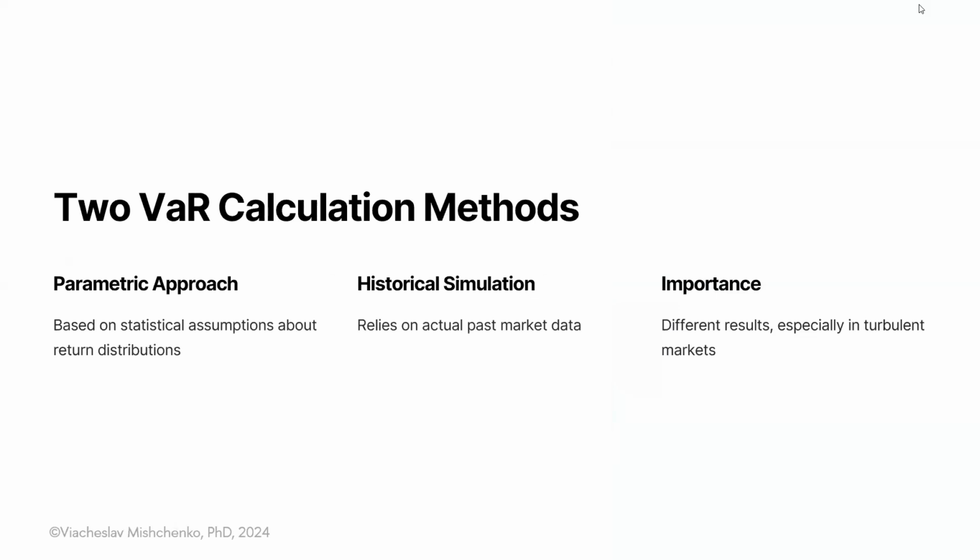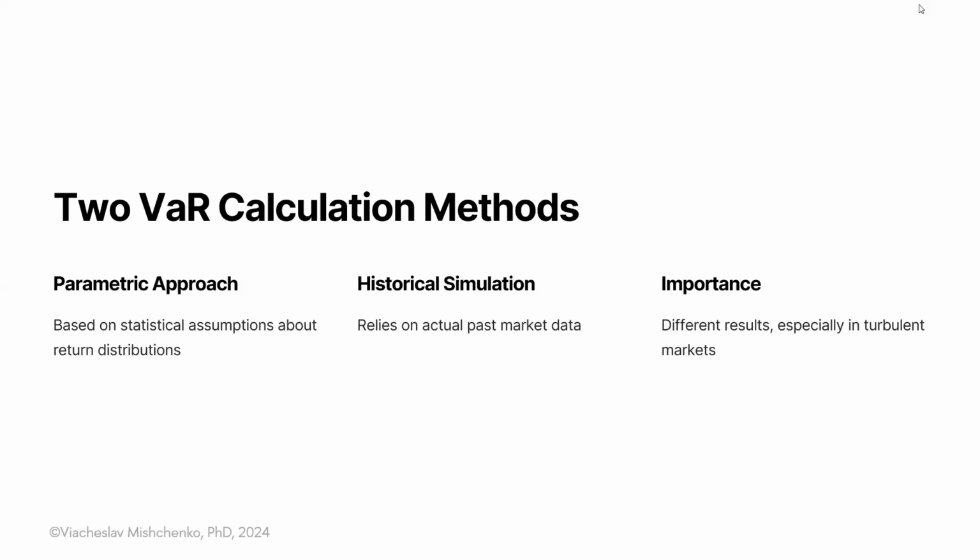In general, there are 2 or 3 methods for the value at risk calculation. The 2 most widely used are the parametric method, or variance-covariance, and historical simulation, as you can see here. These 2 methods represent different philosophies in risk management, and each has its own strengths and weaknesses.